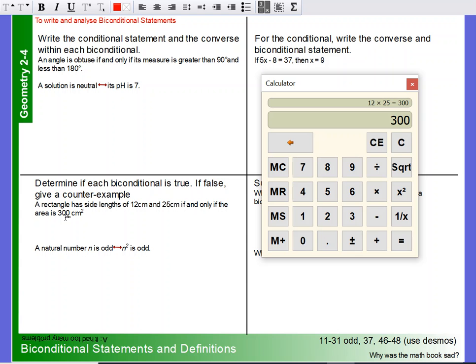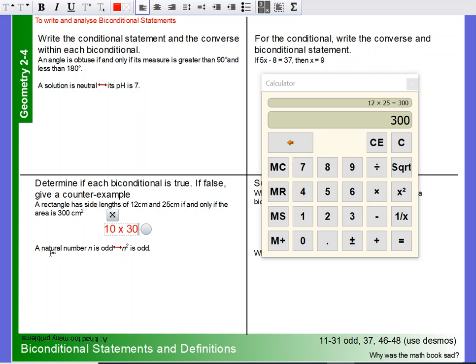So the converse would say, a rectangle with an area of 300 square centimeters must have side lengths of 12 and 25. But wait a second, I could also go 10 by 30, and I would still have a rectangle with an area of 300 square centimeters. So this is not true because the converse is not true.